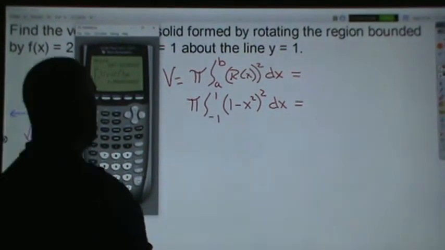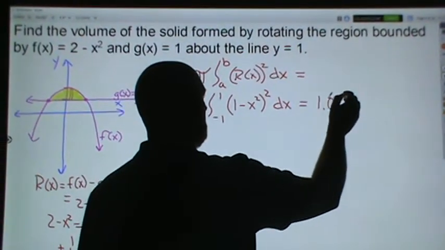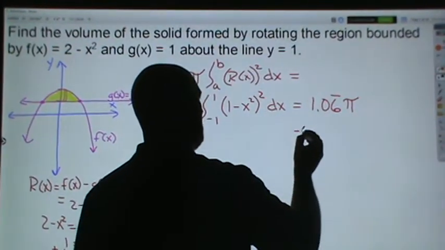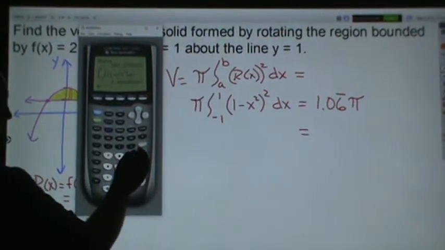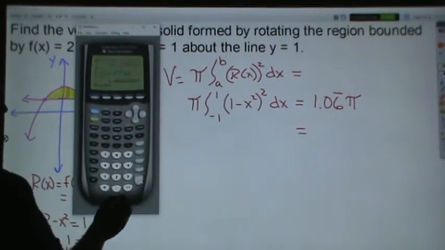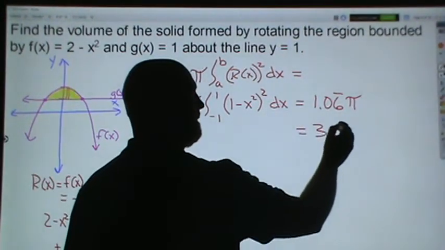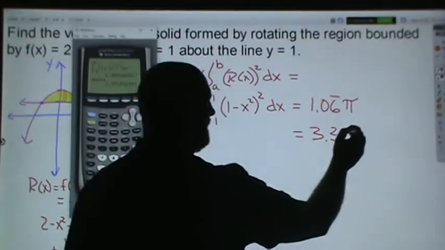And so I get 1.06 repeating times pi. If I wanted to write that as a decimal rounded to 3 places, I could say times pi and come up with 3.315. Sorry, it might be 3.351. I misspoke.